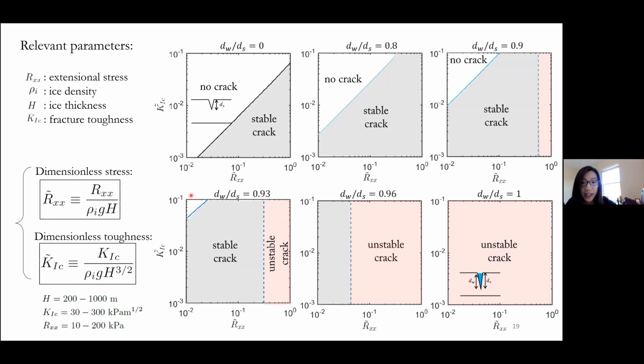And we plot the stability of the crack as a function of the dimensionless stress and the dimensionless toughness for different amounts of water in a fracture. So here, when we do not have water in a crack, the crack is either in a stable crack regime or there can be no cracks. However, the crack can be fully destabilized when the crack is fully filled with water.